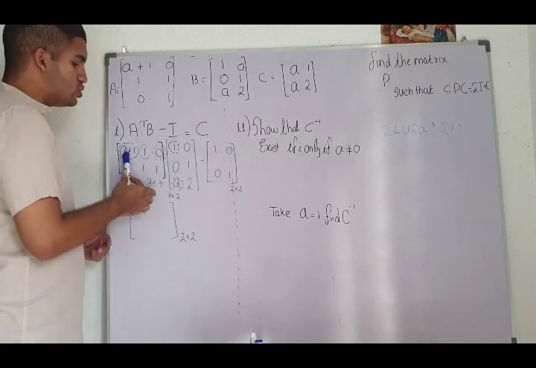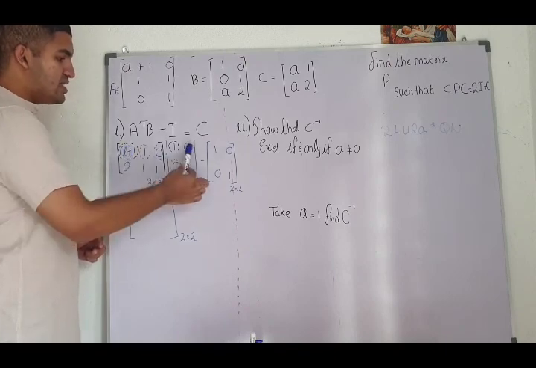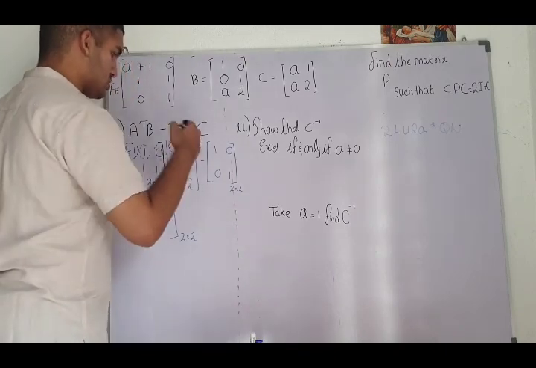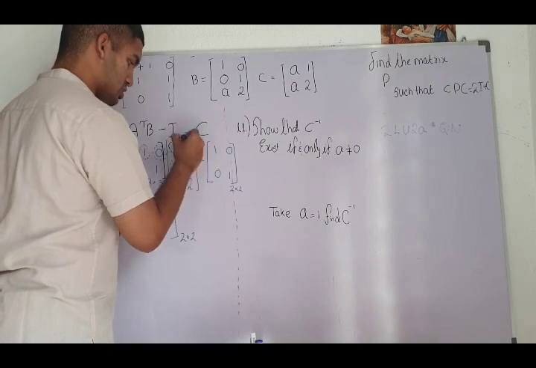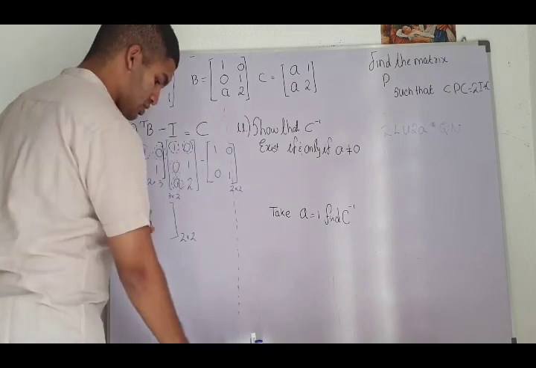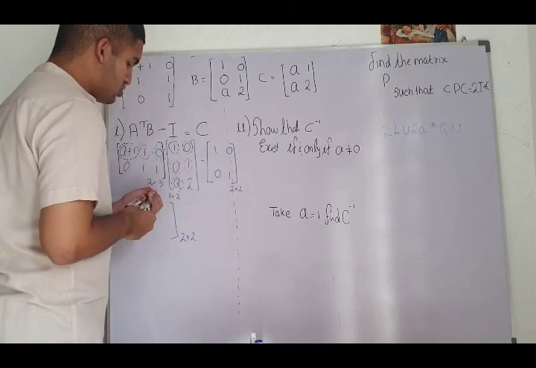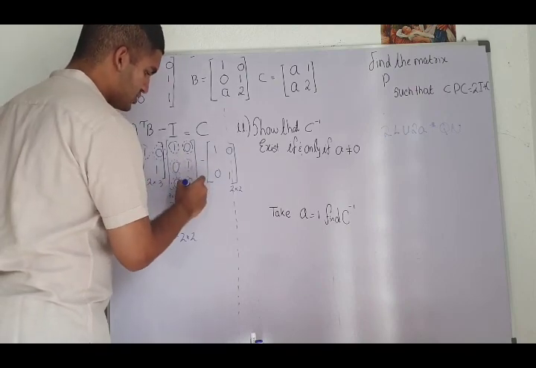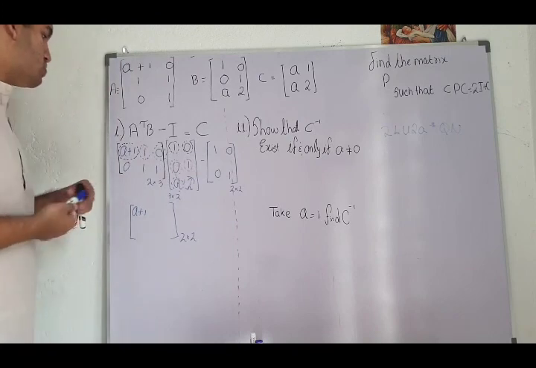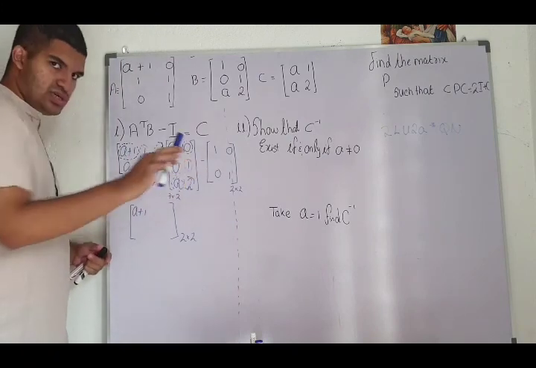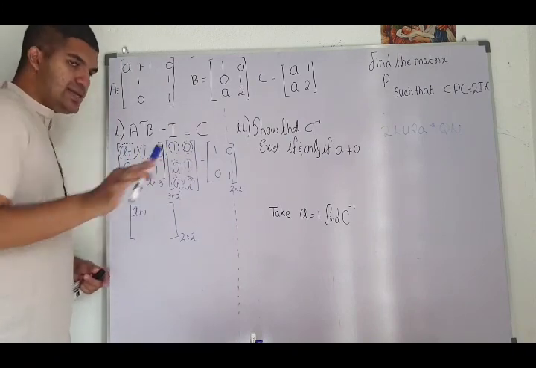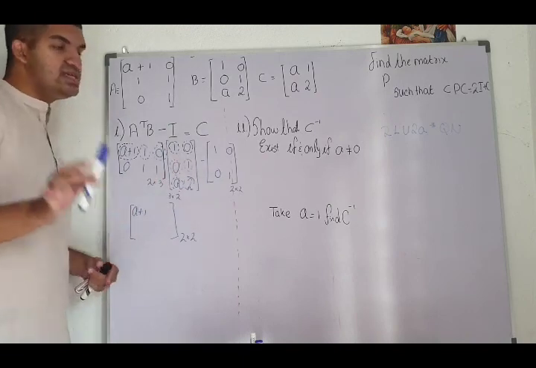Next thing which we got to do is this one and this one. I'm going to just circle these so that it's easy to see. So A plus 1 into 0 is 0. 1 into 1 is 1. 0 into 2 is 0.